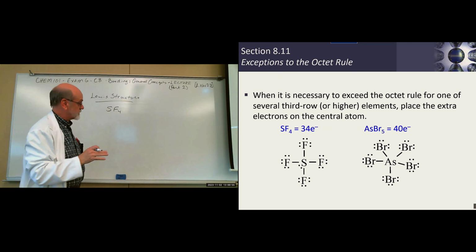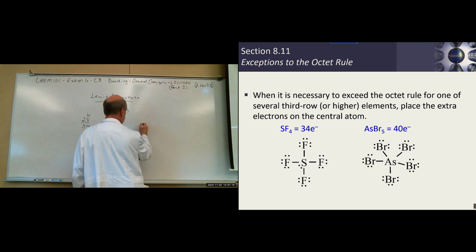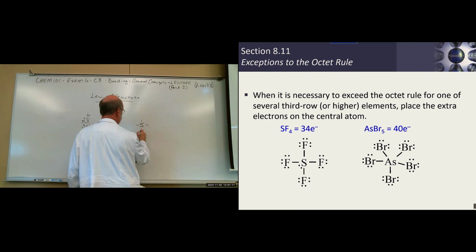It's a halogen, so 4 times 7 is 28. So we have 34 electrons. Sulfur is to the left. It has a lower electronegativity than fluorine, so it's going to be in the center. 1, 2, 3, 4. Okay. 2, 4, 6, 8.